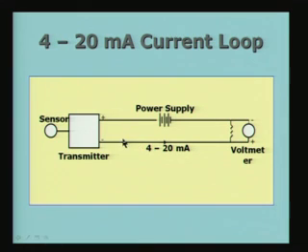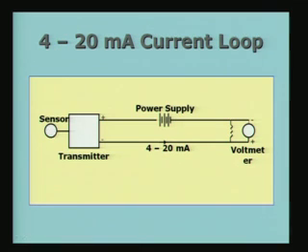If you see the way the measurement is done, I have the sensor here and the transmitter very close to the sensor. Usually these two are almost in the same box or enclosure, and the voltmeter or the computer or whatever I am going to use may be at a long distance from the place where I am measuring the sensed signal.